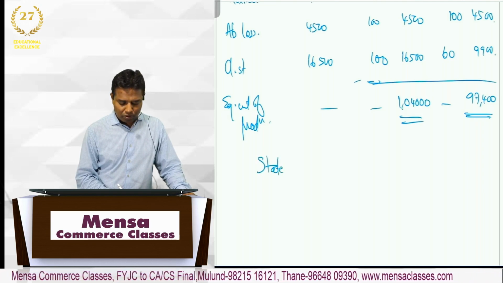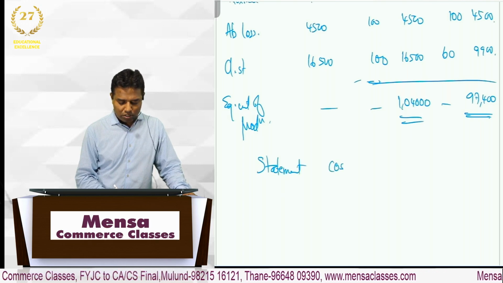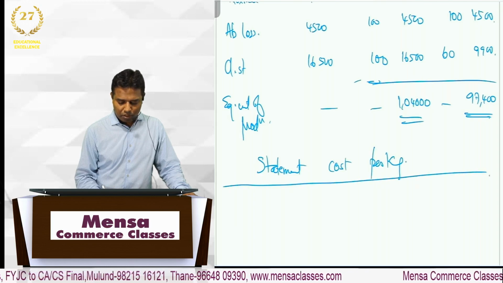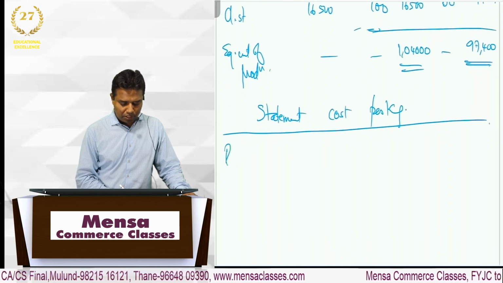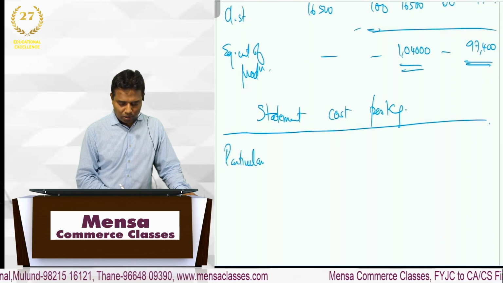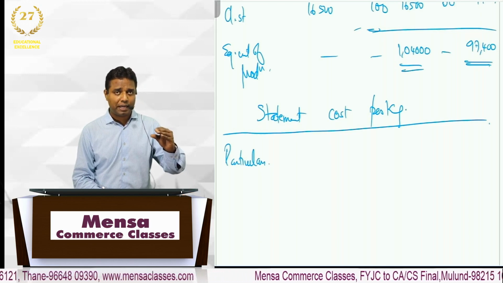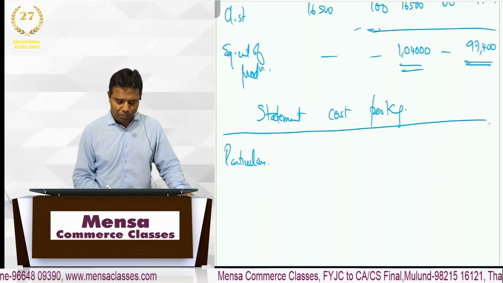So statement of cost per kg. Statement of cost per kg. So we'll have to do for both, that is, for each category, the material category and the conversion cost.